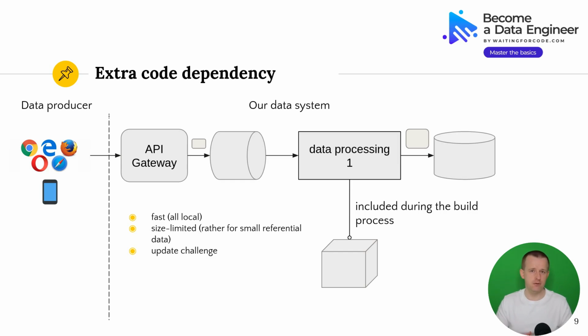You will probably need to redeploy the whole job, meaning that it will probably be a stop-the-world event during the update. There are also some size limitations, because of course if you put 5 gigabytes of a reference master dataset into some jar or wheel and you load it into main memory, there is a big chance that your processing will fail because of out-of-memory problems.